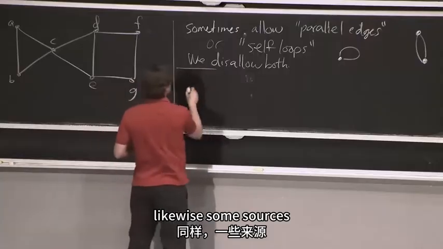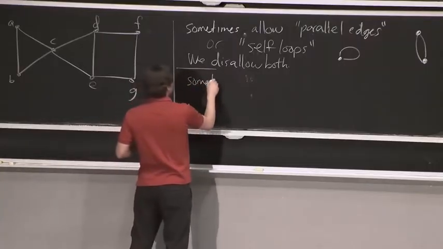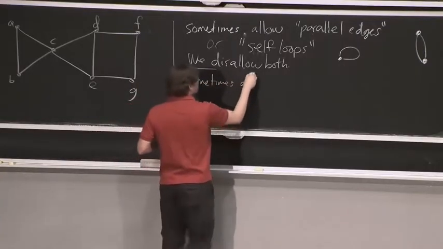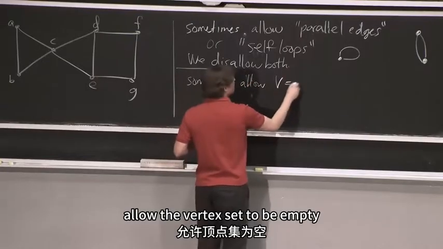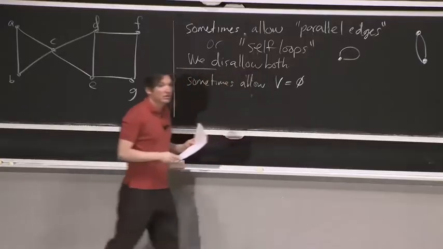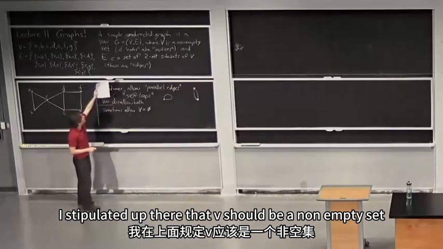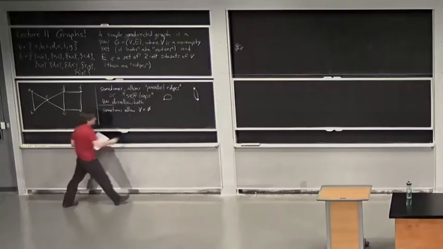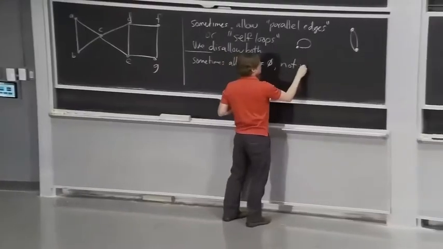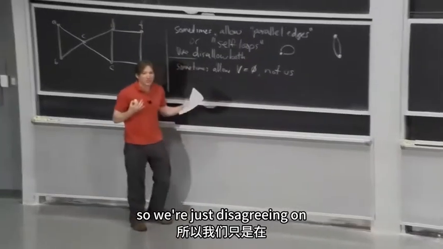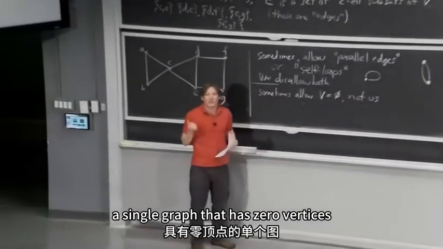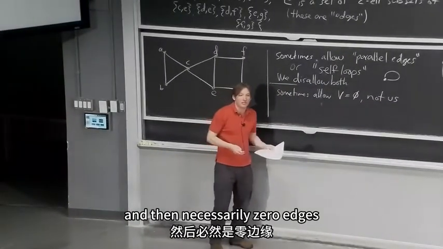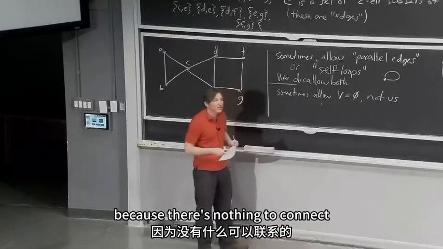Likewise, some sources allow the vertex set to be empty. I stipulated up there that V should be a non-empty set. So we're just disagreeing on a single graph that has 0 vertices and then necessarily 0 edges because there's nothing to connect.